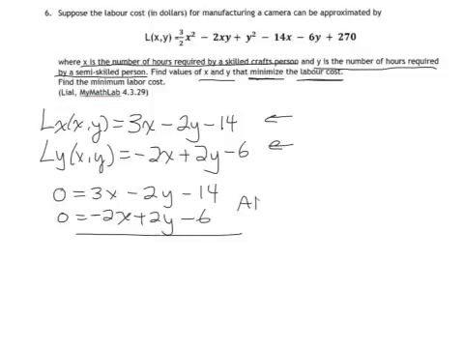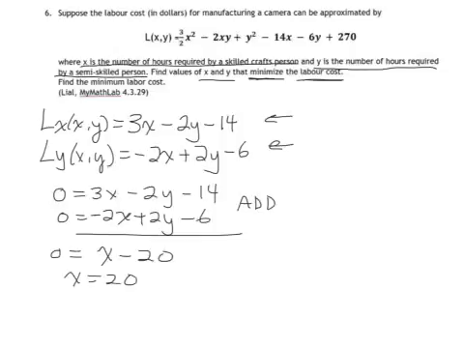So we don't even have to do anything extra. We just simply add those two equations together. We have 3 plus negative 2, so we're left with just 1x. Negative 2y plus 2y is 0y. And then we have negative 14 plus negative 6. That gives us negative 20. All equals 0, so x must equal 20.